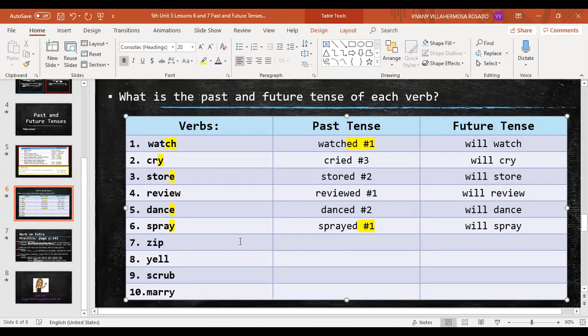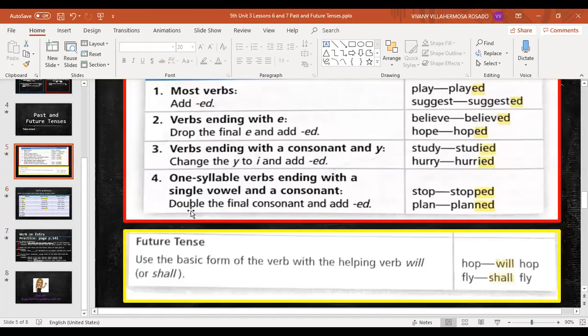Zip is our number 7, and we look at zip, and we notice immediately, we're like, that's a very short verb. Let's see. What do I do with this one? Let's see. Zip. Oh, zip, it's a one syllable word. So I am heading in the direction of this rule right here, right?